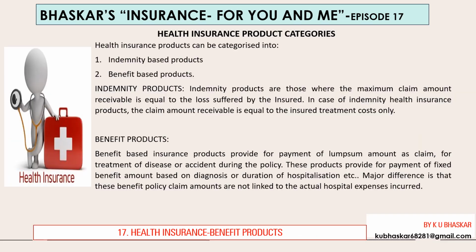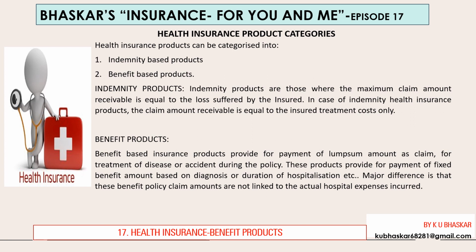One of the ways of categorizing insurance products in general and health insurance products specifically is to classify them as indemnity products and benefit products. The indemnity products are those where the maximum claim amount receivable is equal to the loss suffered by the insured. In case of indemnity health insurance products, the claim amount receivable is equal to the insured treatment costs only.